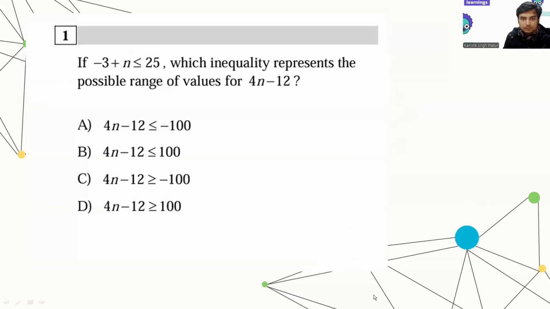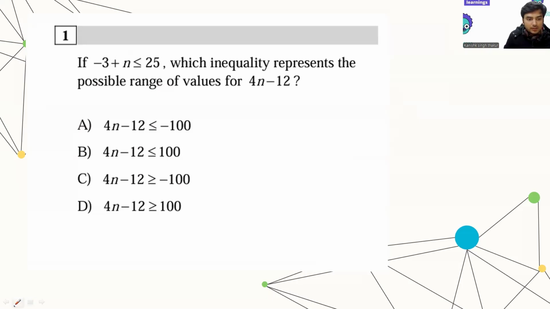So this is the exercise which you are having. Minus 3 plus n is less than or equal to 25, it is given.